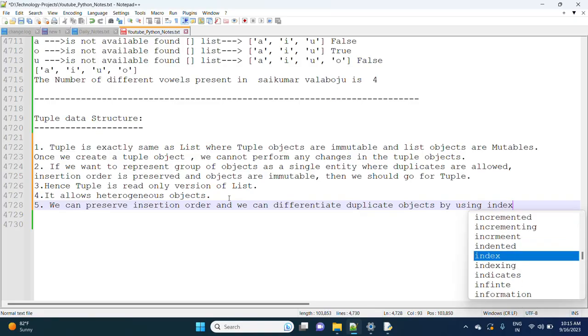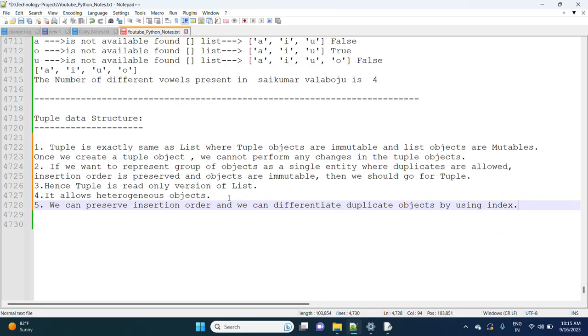Hence, index will play a very important role in tuple also.